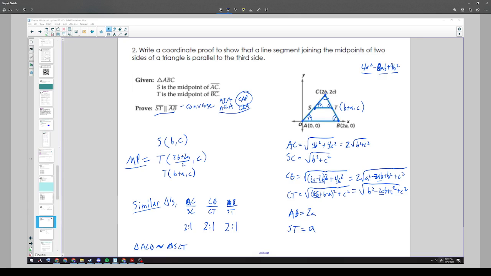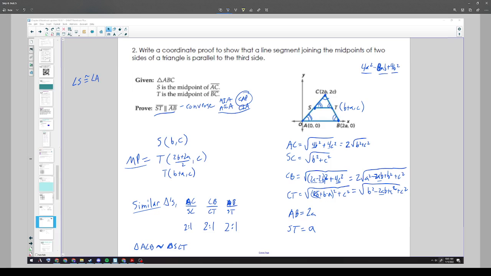Then, based on similarity, we know that corresponding angles of similar triangles are congruent. So, I would need some more paper below here. I'll just go off to the side. So following here, we're going to say that angle S is congruent to angle A, and we know that by similar triangles.